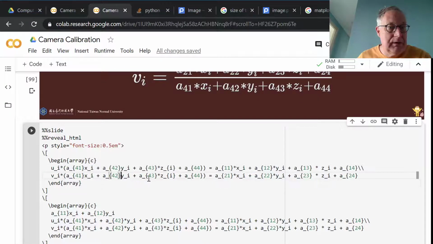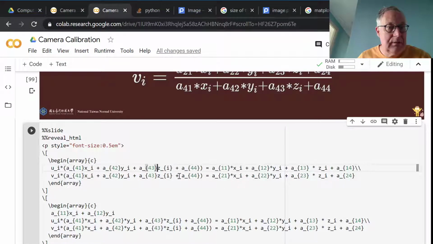Actually I don't need to multiply here, make it a bit smaller.